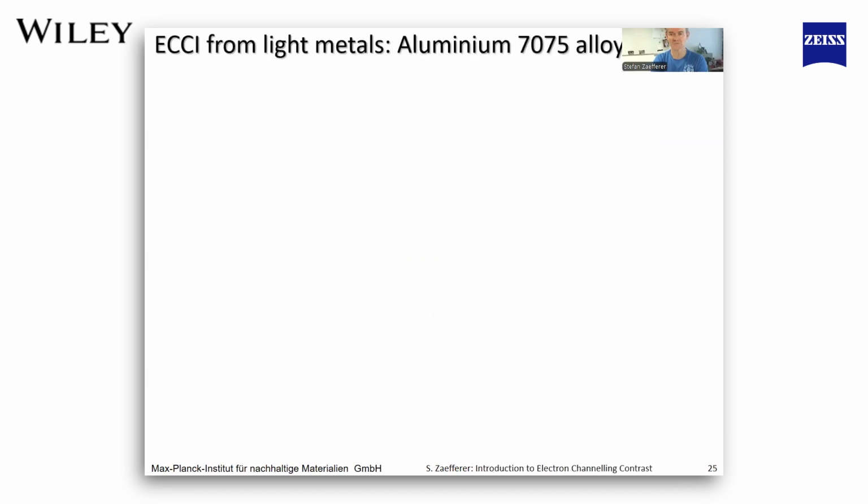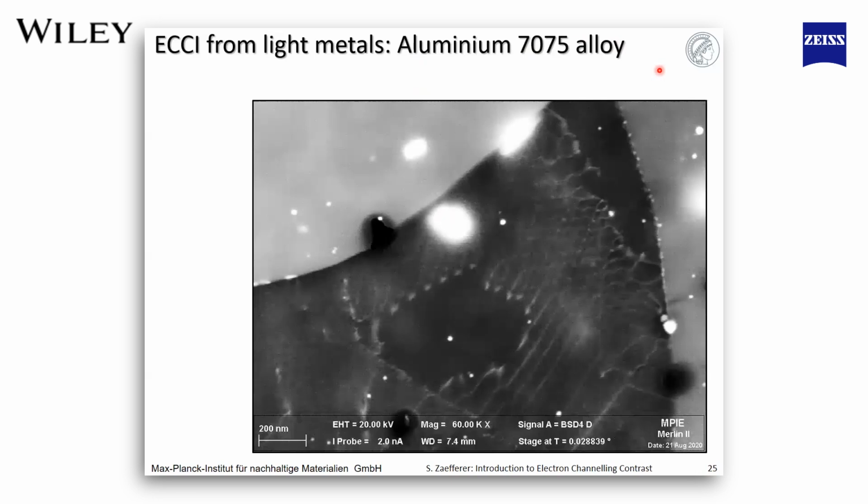Okay, so let me show you a couple of pictures before I come to more worked out examples. Here we first see a couple of subgrain boundaries in a high strength aluminum alloy, 7075. This is a typical picture, and what we see here is this typical image of crossing dislocation lines.